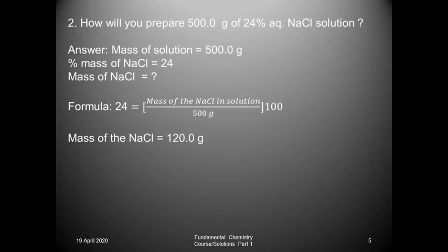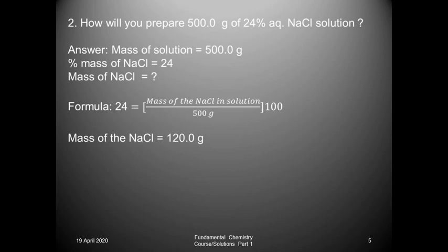So the mass of solution we are supposed to prepare is 500 gram. Percent mass of NaCl is 24. The mass of NaCl is what you are asked to find out, because you must know how much NaCl I should weigh and take, and in how much solution I should dissolve it. Then I will have this 24% aqueous NaCl solution, and we want 500 gram.